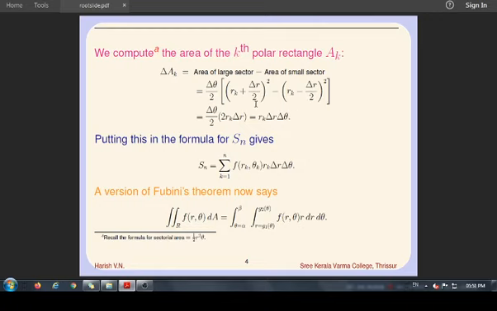and what is remaining is 2 times rk into delta r divided by 2, plus again 2 times rk into delta r divided by 2.